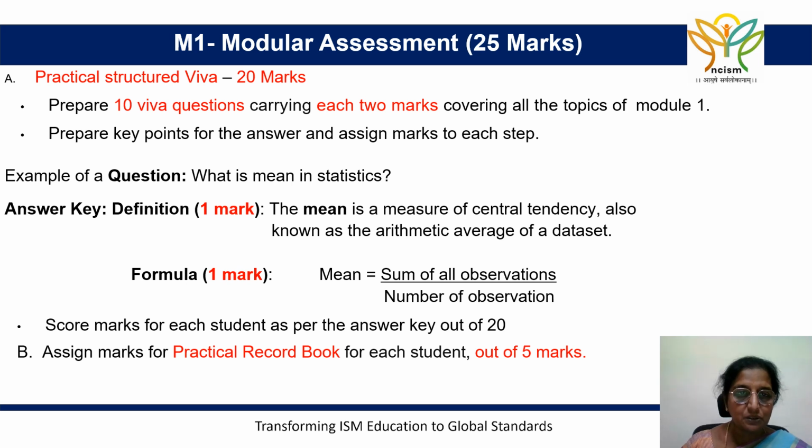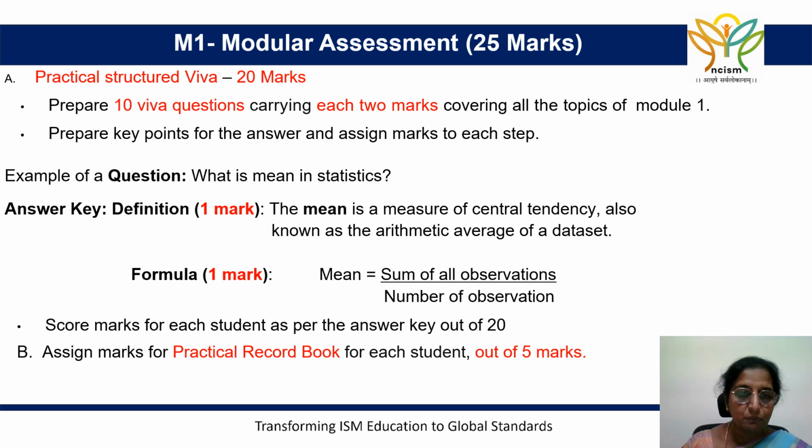For 20 marks, prepare 10 viva questions carrying 2 marks each, covering all topics of module 1. Prepare key points for the answer and assign marks to each step. Example of a question: what is mean in statistics?